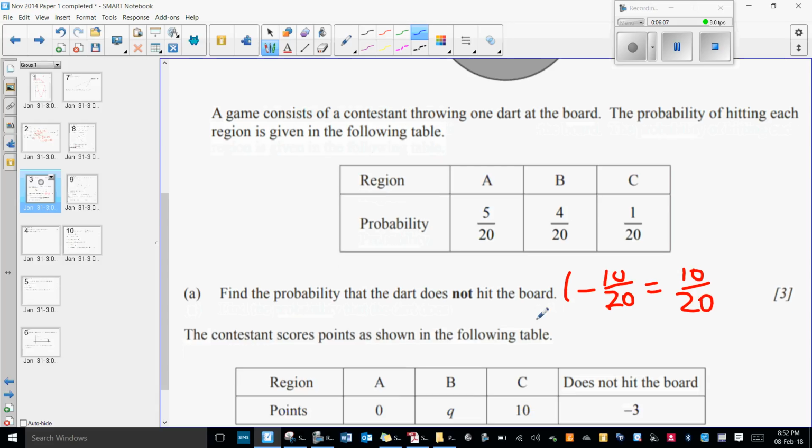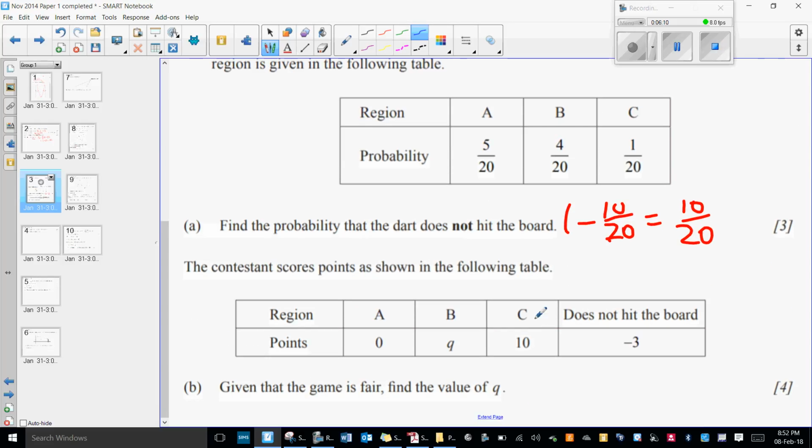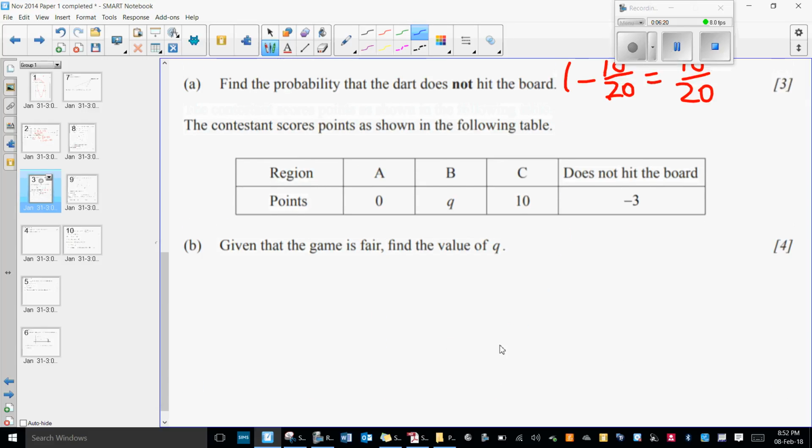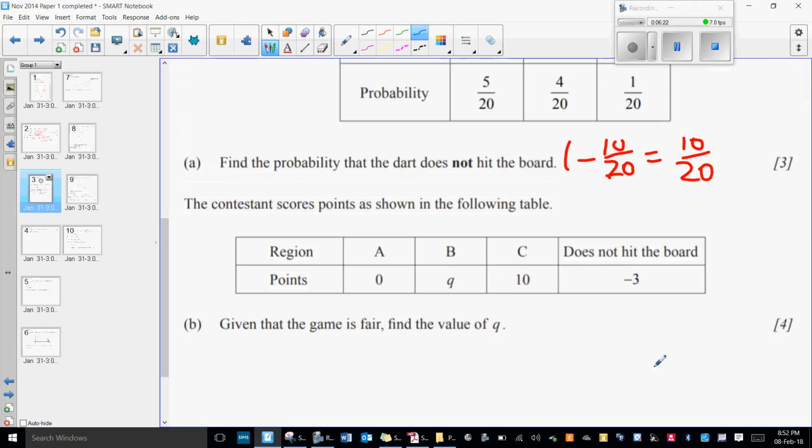A contestant scores points according to the following table. Given that the game is fair, find the value of Q. Okay, so this is where we would take each probability and multiply it by the number of points you get.